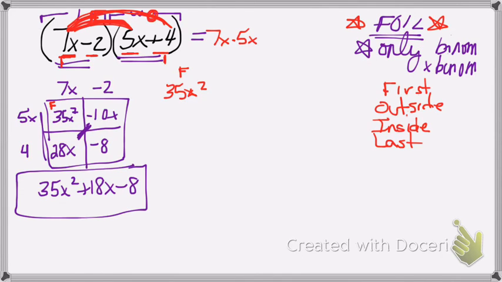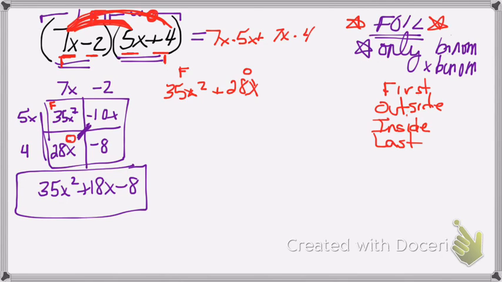And so we refer to that as the outside pair, the 7x times the 4. And so that's my outer pair, that 28x is my outside pair. So I'm getting a 28x for that outside pair. And that was what I had right here.